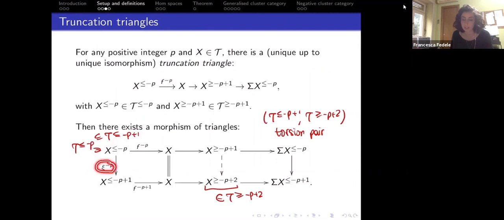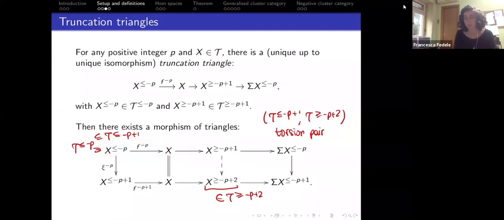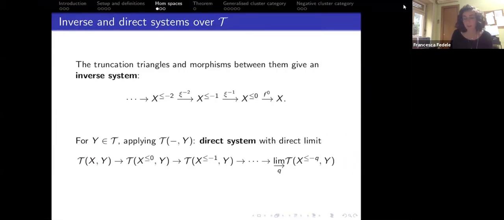And then for the very last one in your inverse system, you will use this map for P equal to 0, so that you actually end in X. So we get this inverse system of objects, and then for any object Y in T, we can apply T of blank comma Y. So this is just hom over T of blank comma Y. And this is our contravariant functor.